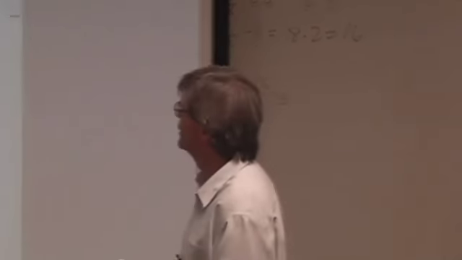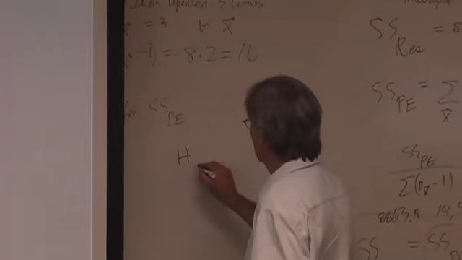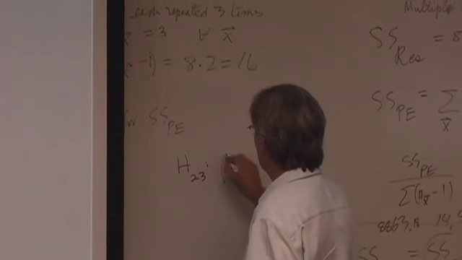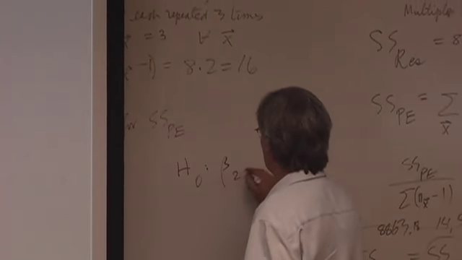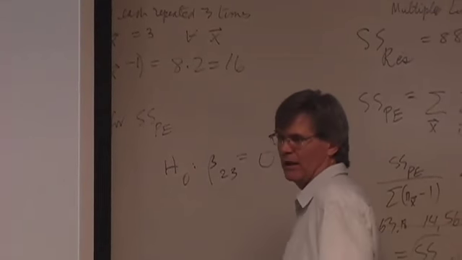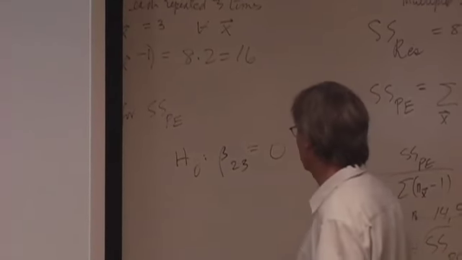So I can test whether beta 2,3 equals 0. In other words, I can test H0: beta 2,3 equal to 0. I can do that with an F statistic or with a t statistic.